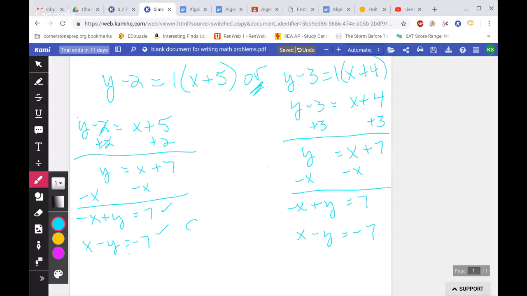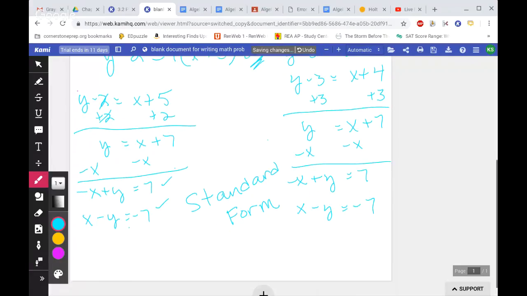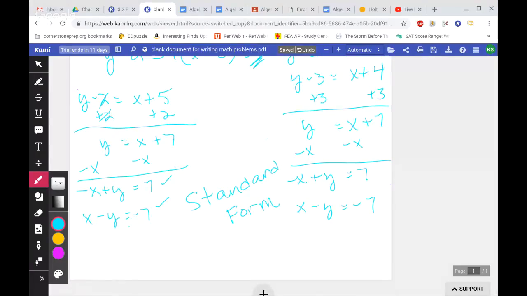So standard form, that's standard form, and the above were point slope form. And look at this, along the way, we even got slope intercept. So that is the equation of that line. You get to see it in all 3 forms.